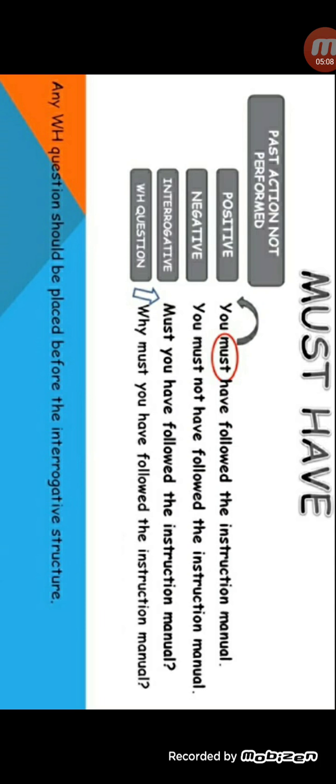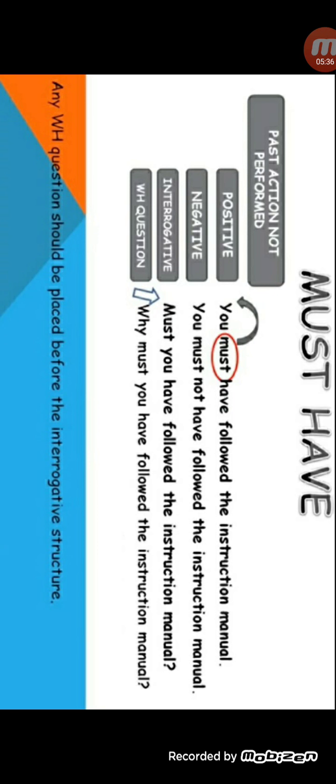Now, when your sentence has to be written in a negative form, you write what? You must not have followed the instruction manual. Means not is written after your modal auxiliary and before your main verb. Interrogative: must you have followed the instruction?